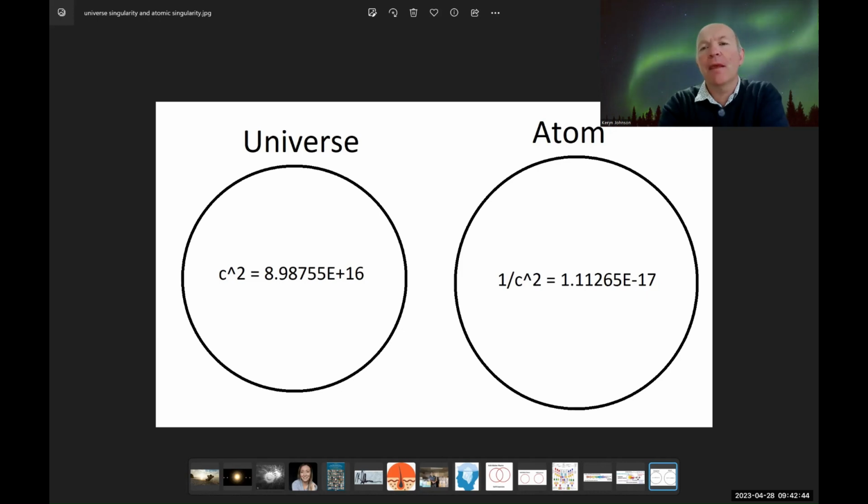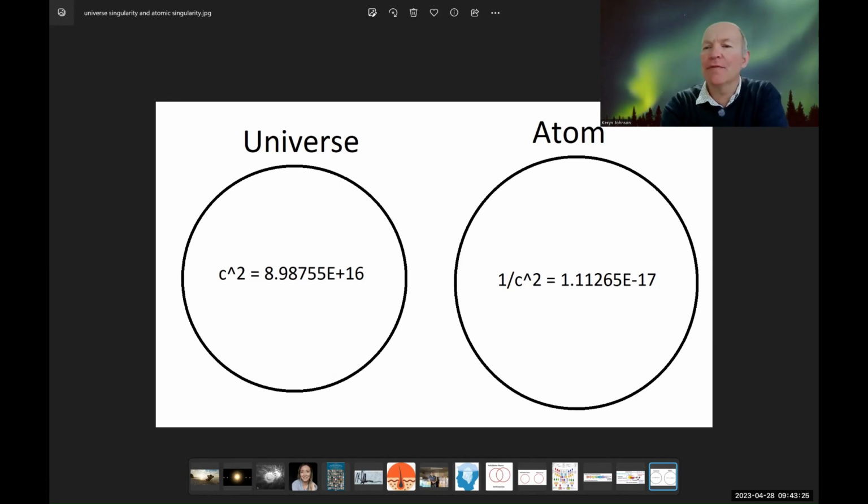And the model provides a way of looking at the inversion of c², 1 over c², as the atomic, kind of like a singularity, but I look at it more as an event horizon between the atomic landscape and the orbital layers.